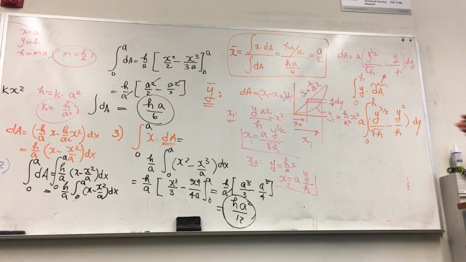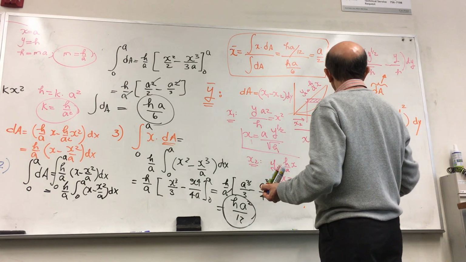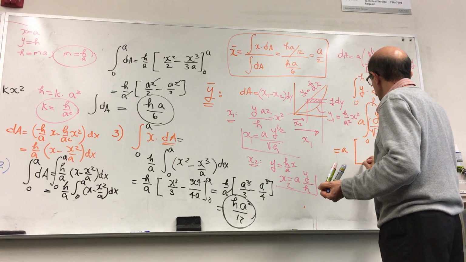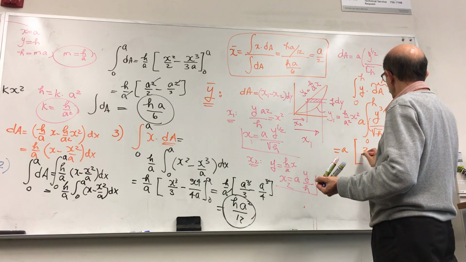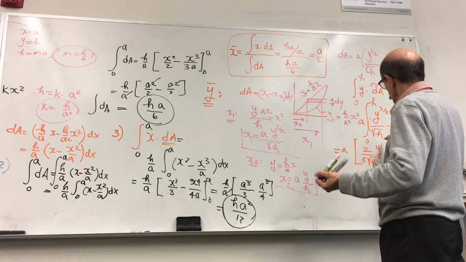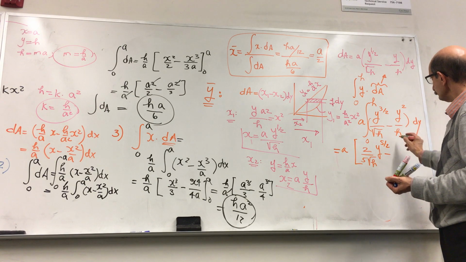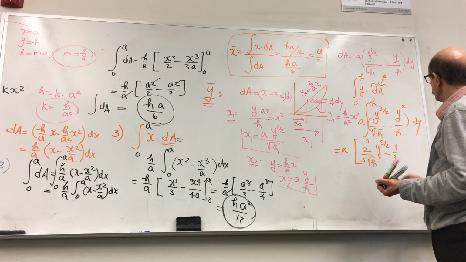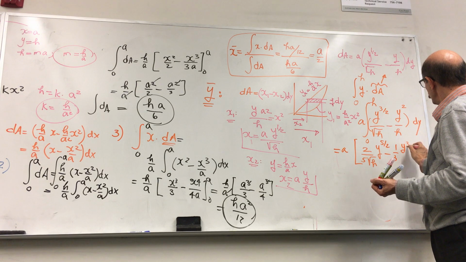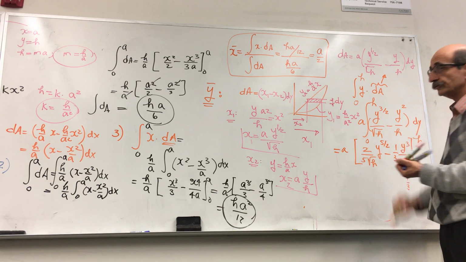Okay? So perform the integration, you have a times 2/5 of y to the 5/2 minus 1/3 of y cubed over h, from 0 to h.